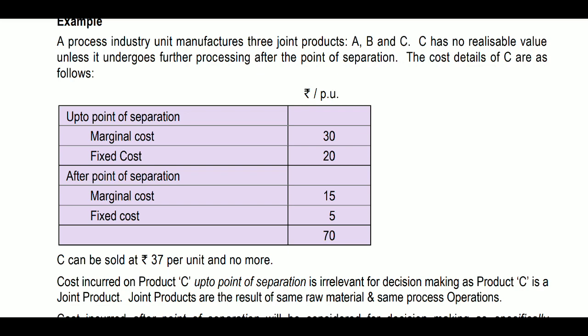and the fixed cost was 20 rupees. Next, after the point of separation, the marginal cost will be 15 and the fixed cost will be 5 rupees. So we will take the after-separation cost for calculation. Up to the point of separation we will not take that cost, it is irrelevant, it is a sunk cost.